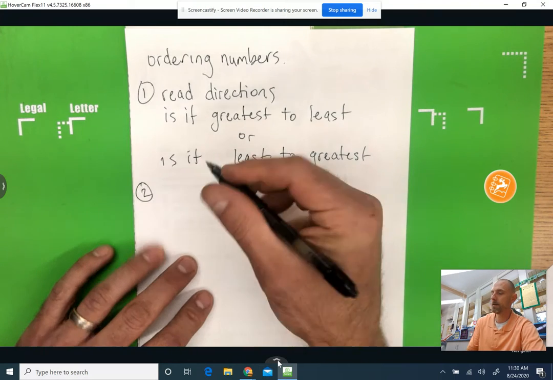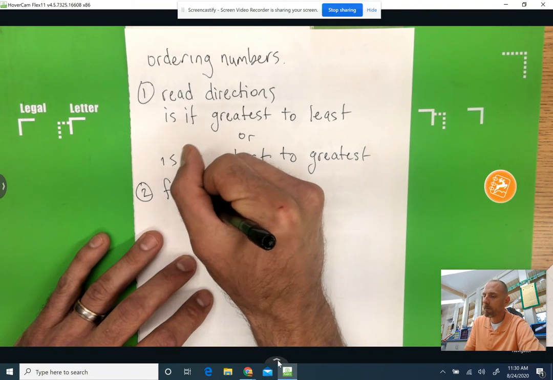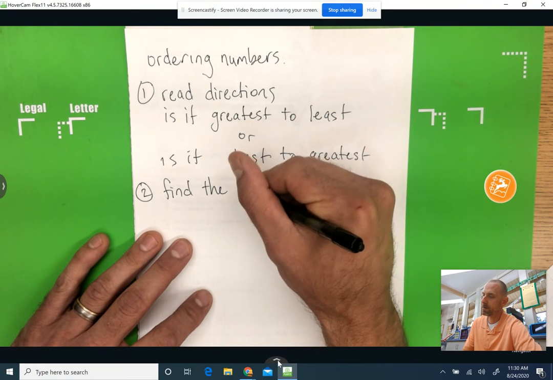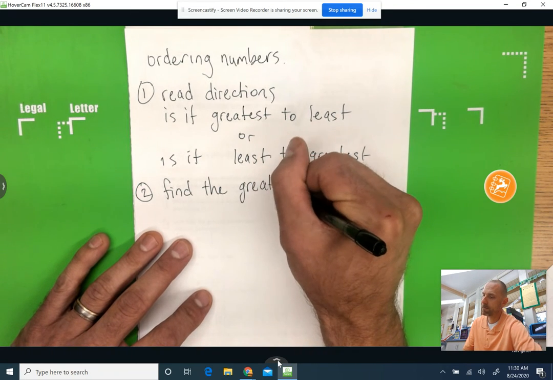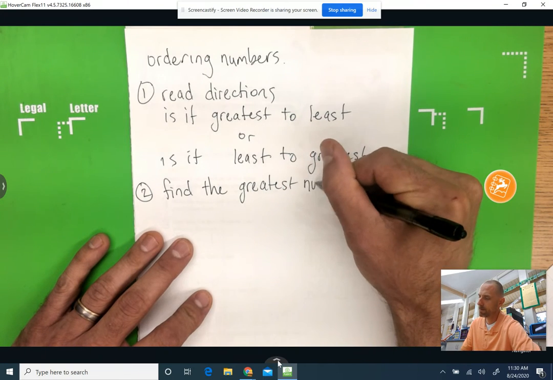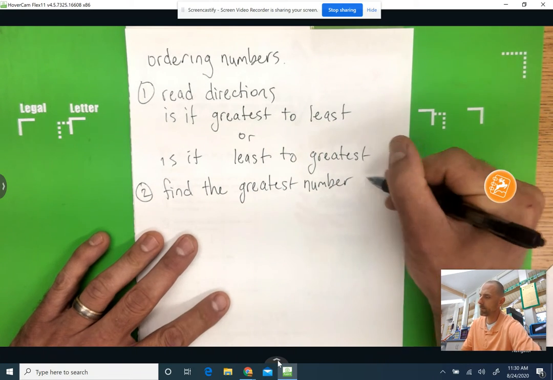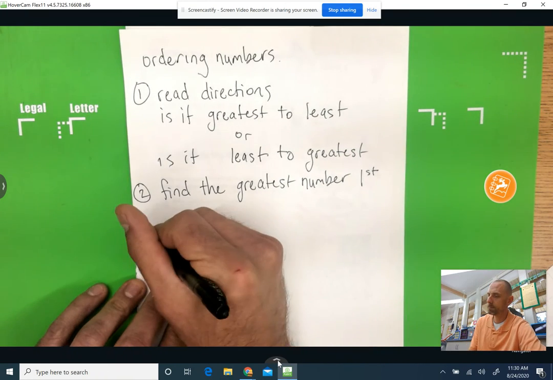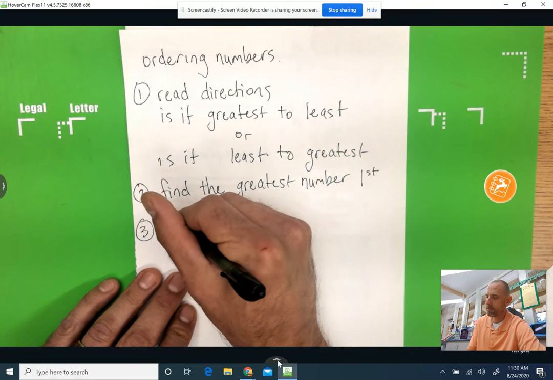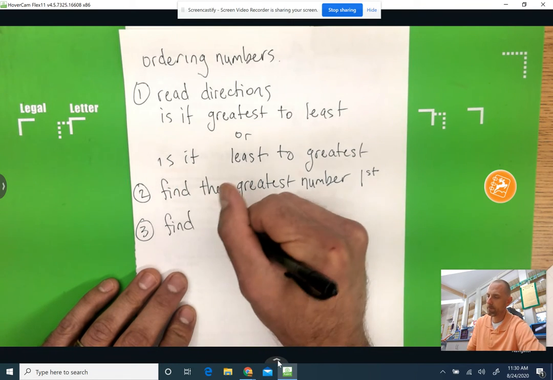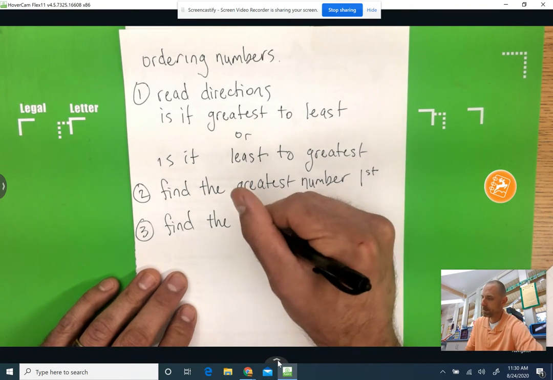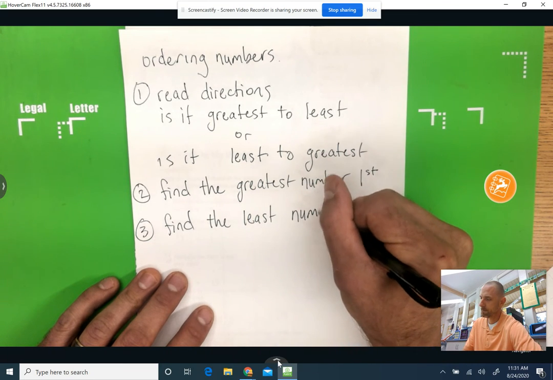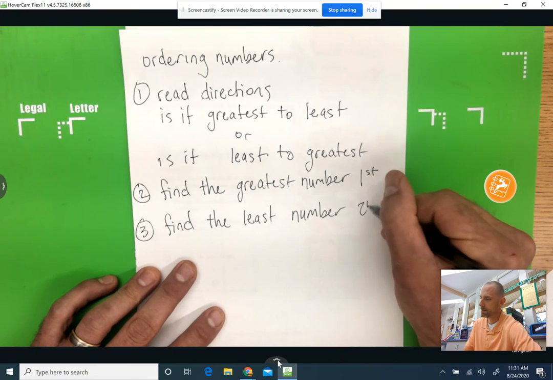Number 2, find the greatest number first. Okay. Find the least number second.